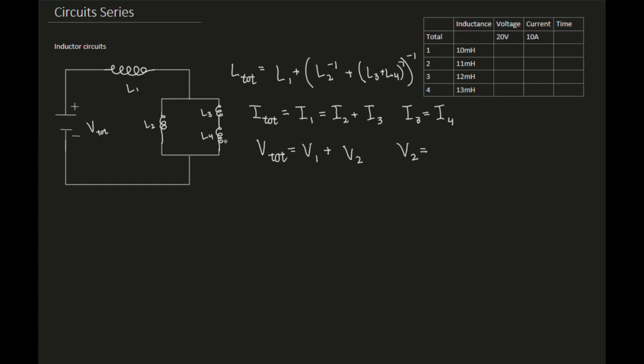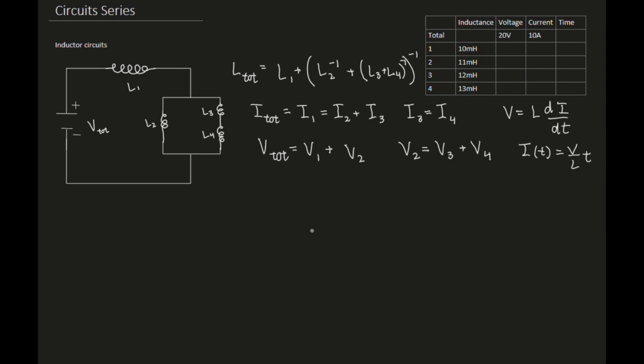So it's going to be V3 plus V4. Now that we have a system of equations, we also remember that V equals L di/dt, and after integrating, I as a function of t is equal to V over L times t. We can then evaluate the rest of our unknowns.